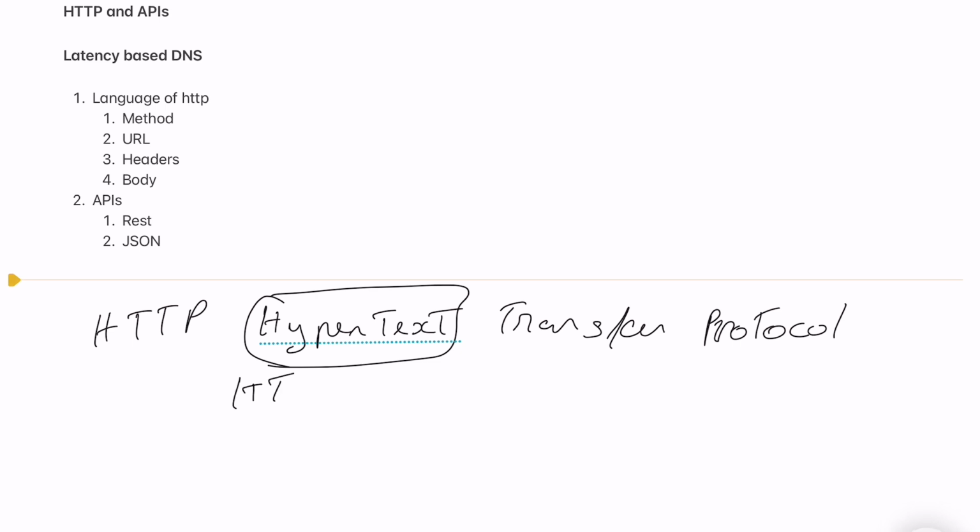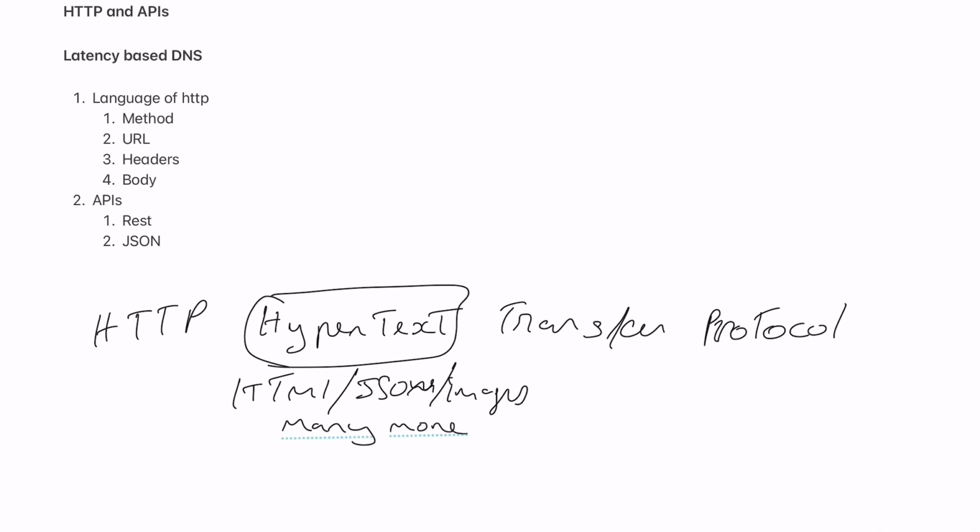So I will just write HTML or JSON or images. Okay, that means these formats or this type of data can be exchanged. Many more, by the way, it's not limited to this. Many more formats can be exchanged using the HTTP protocol or HTTP system, I should say.